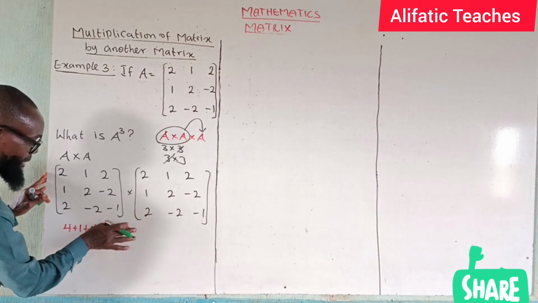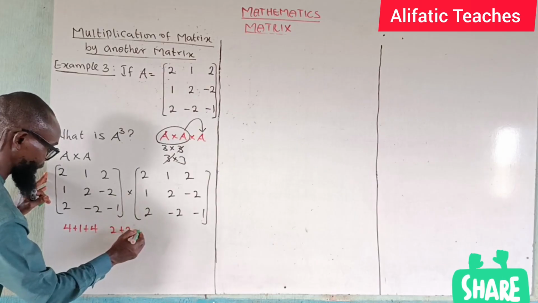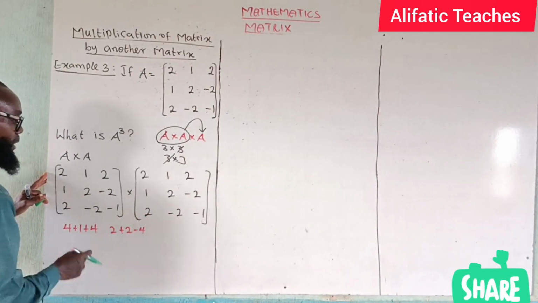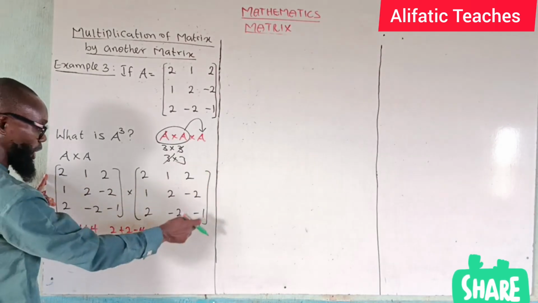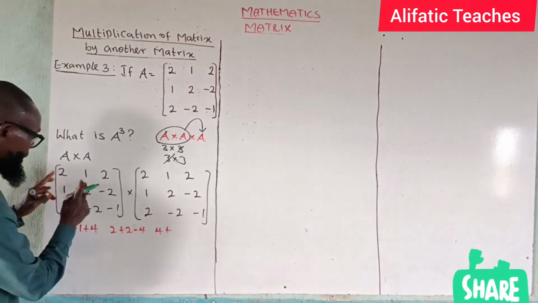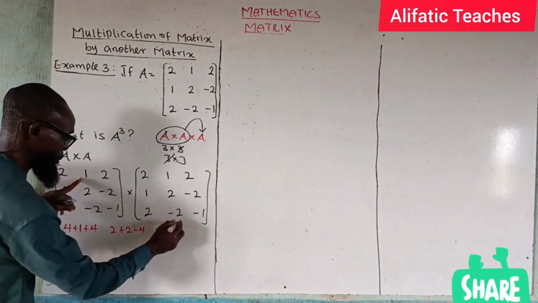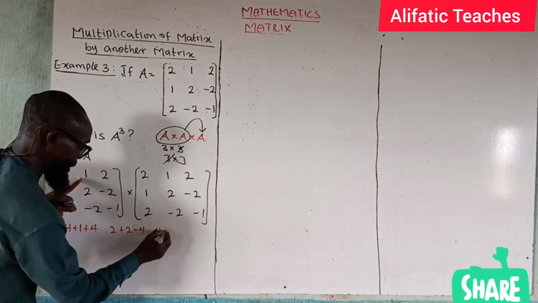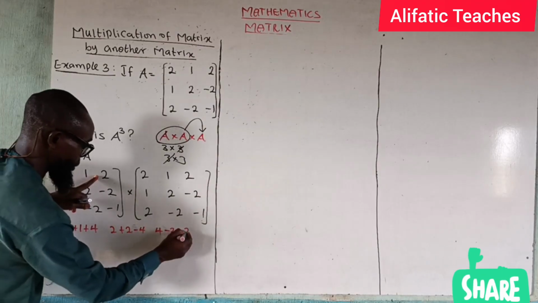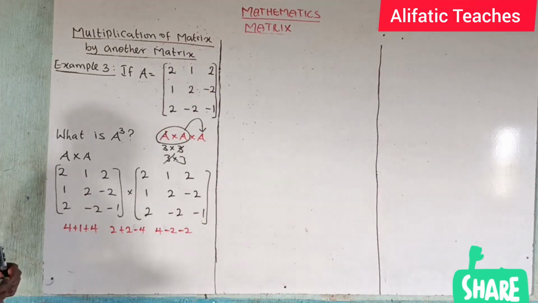I'm going to have minus 2. Then first row, third column. 2 times 2, 4. Plus 1 times minus 2, minus 2. 2 times minus 1, minus 2. I'm done with my first row.